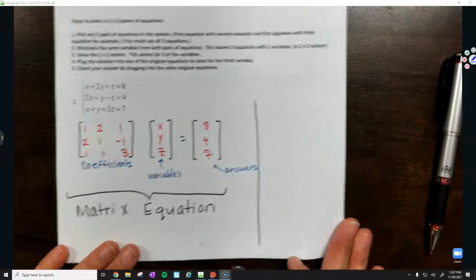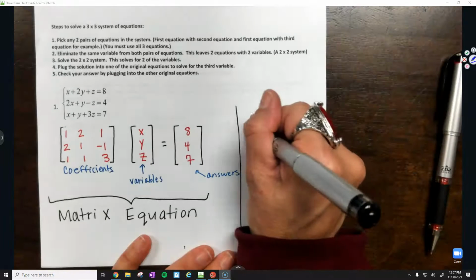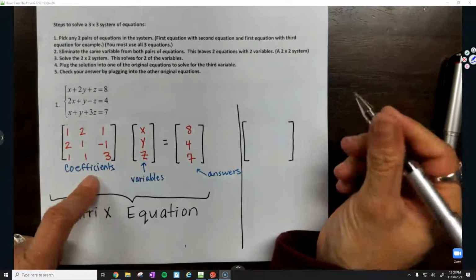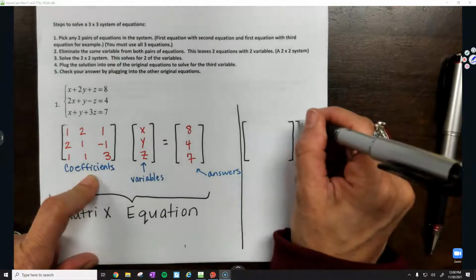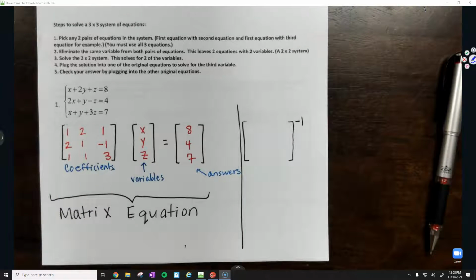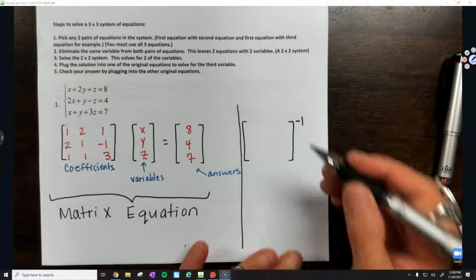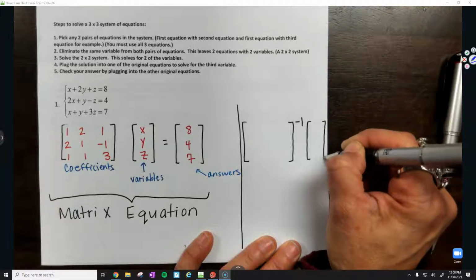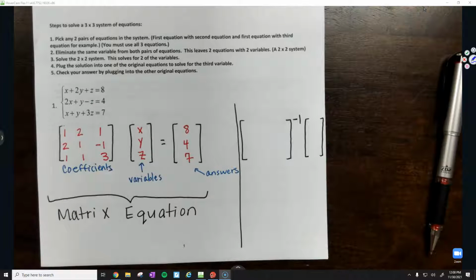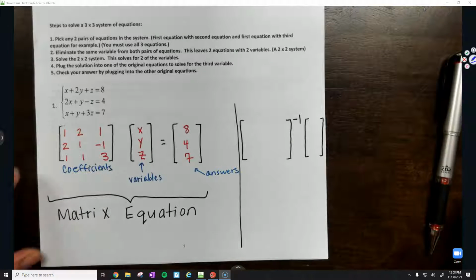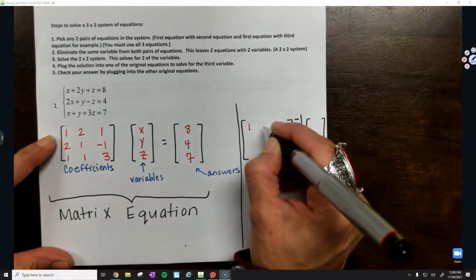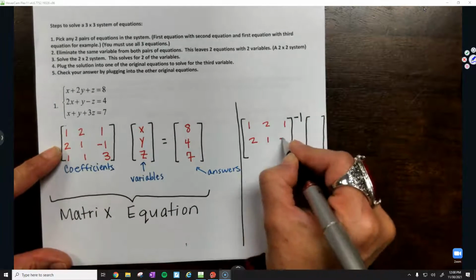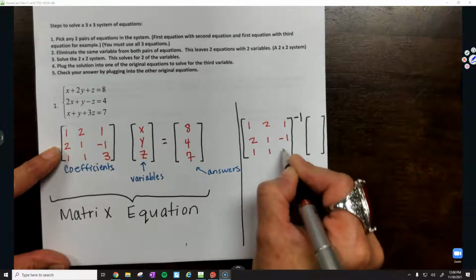And here's what calculator ready is. It's the coefficients raised to the -1st power, because that's the inverse. And we're going to multiply it by the answers, because that's going to tell us the X, Y, and Z. So I'm just going to recopy these coefficients in the same exact order.